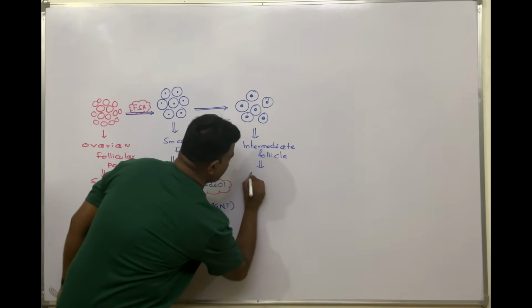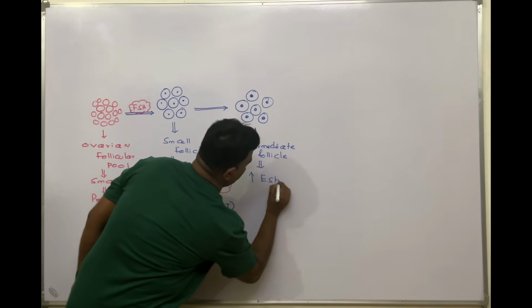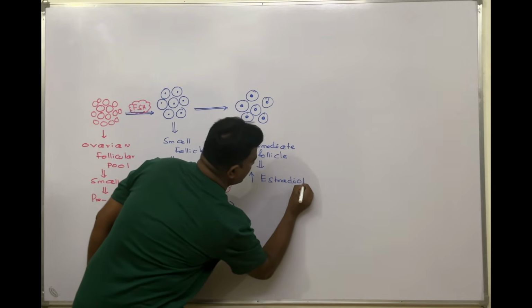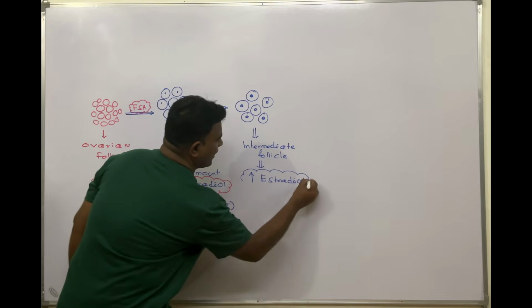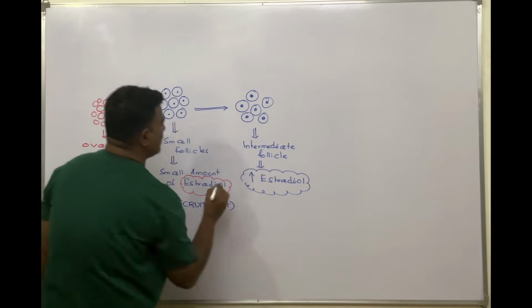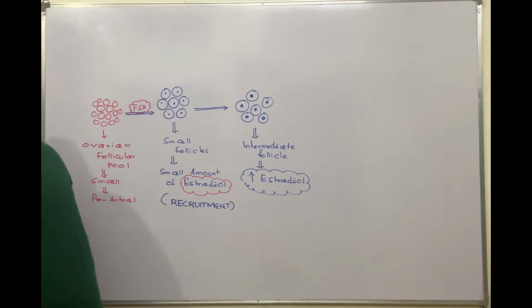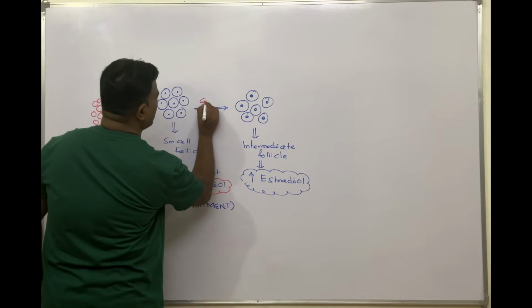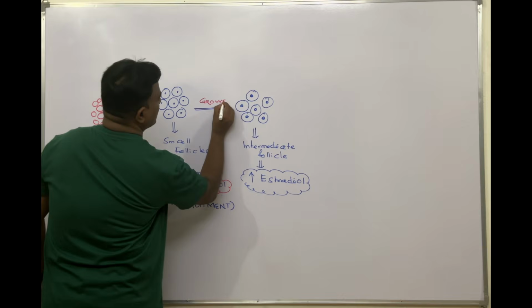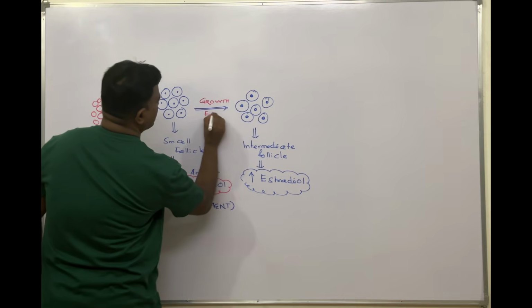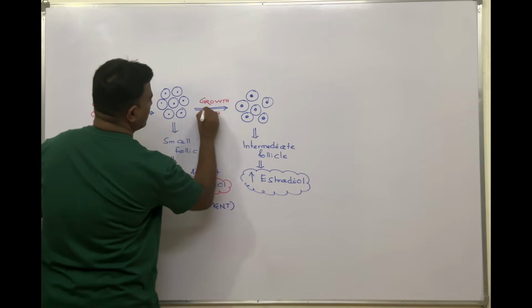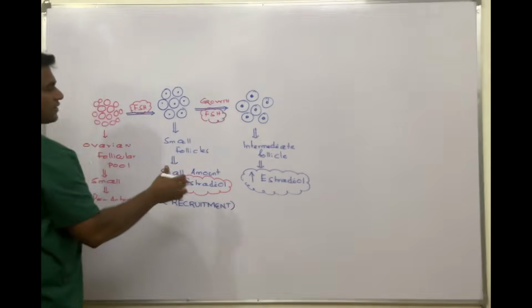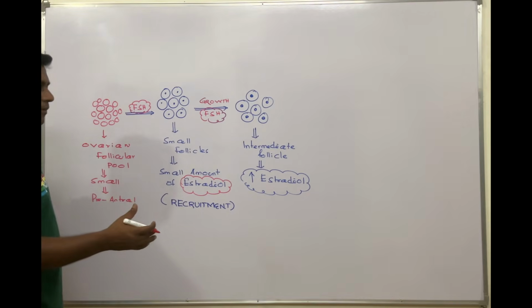They are increasing the secretion of estradiol. I am not saying they are secreting the peak, but they are secreting estradiol. Growth is going on, FSH sensitivity is going on, and granulosa cells are becoming more and more functional.